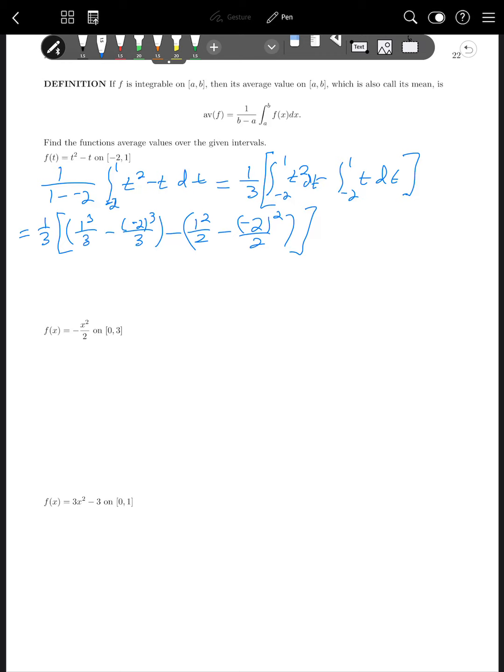Okay. And then we simplify. So this would be 1/3 times 1/3 minus negative 8/3, minus 1/2 minus 4/2.